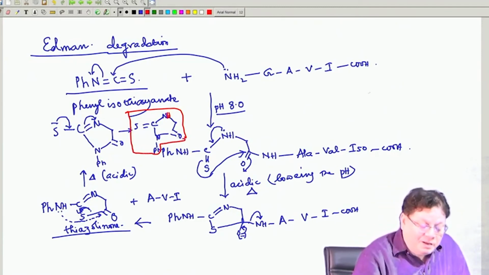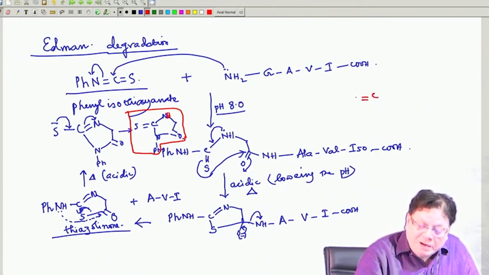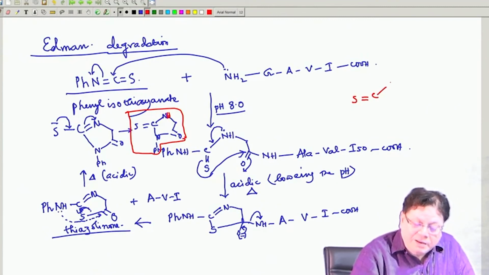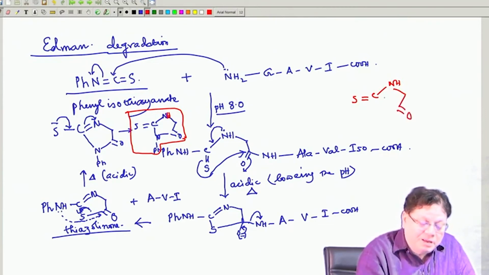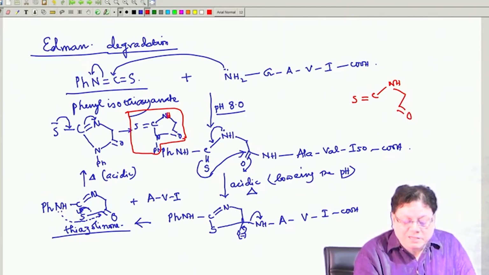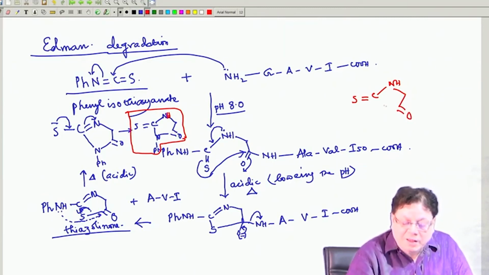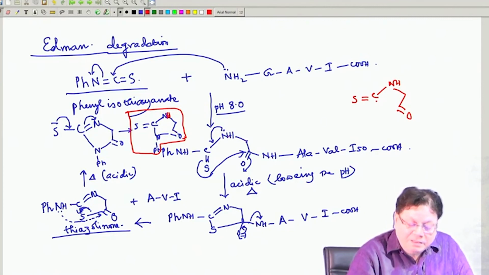Again I write here, the final product is C double bond S, then NH, then this actually comes from the glycine part. Remember, this NCH2CO comes from the glycine part, NCH2CO, and then you have CO and then N pH and that one.